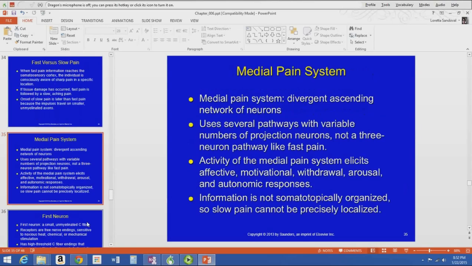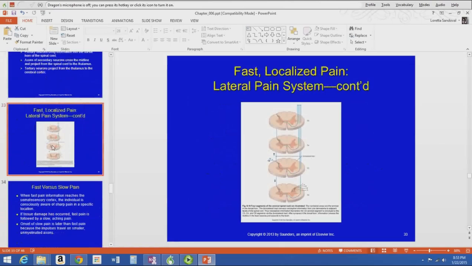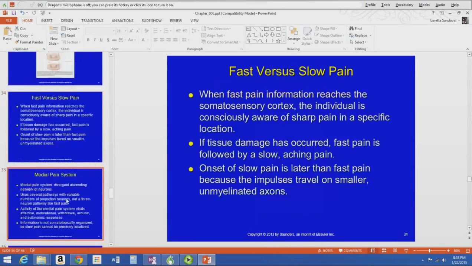So we talk about the medial pain system, and that's the divergent ascending network of neurons that uses several pathways with variable numbers of projection neurons, so it's not a 3-neuron pathway like fast pain. So when we go back and look at that lateral pain system, this is the lateral pain system, we'll look at the medial pain system again, sorry.